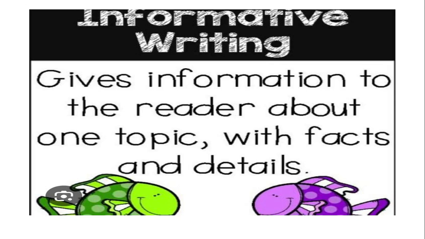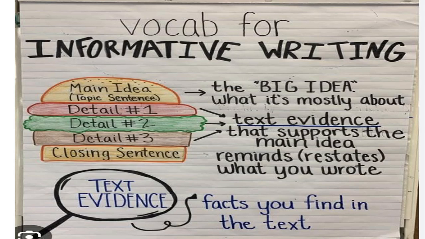Informative writing gives information to the reader about one topic with facts and details. It aims to inform the reader about this topic. There are some vocabulary words for informative writing.